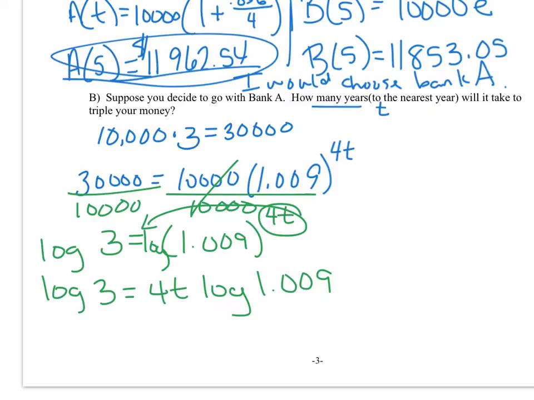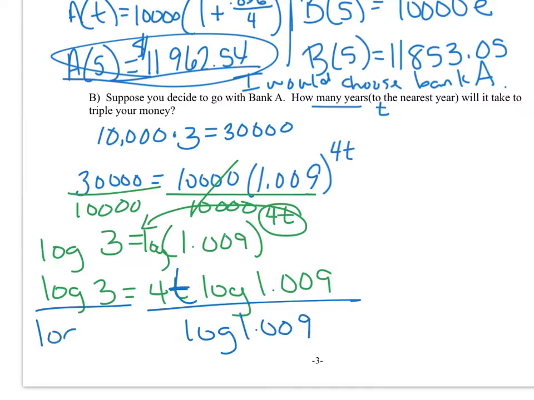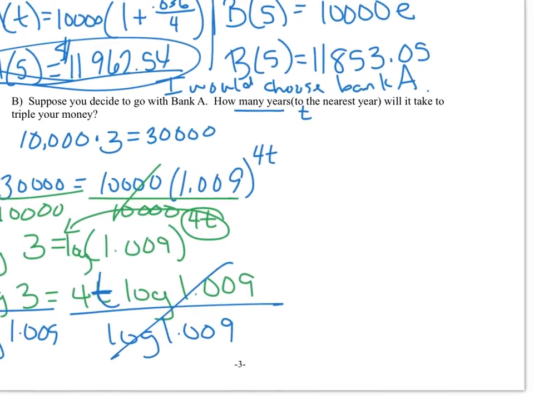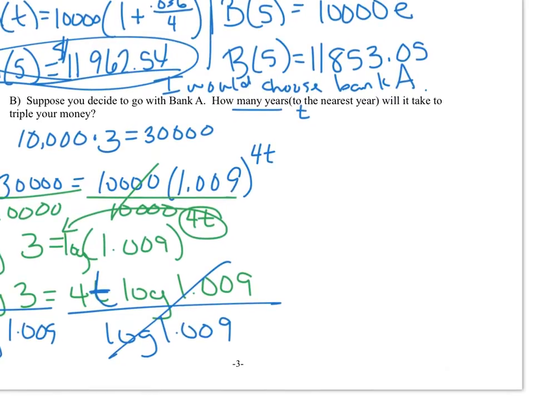All right, so I want to solve for this t right here. So I've got to get rid of the log of 1.009. I wind up getting 4t equals 122.6165, etc. I assume it goes on.